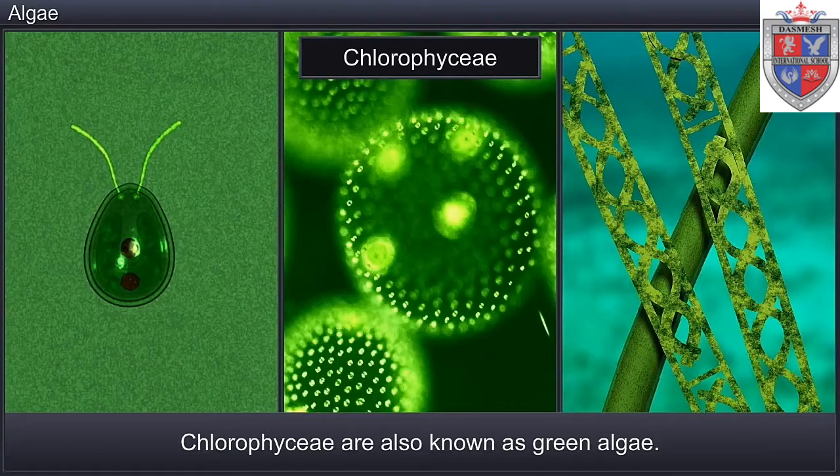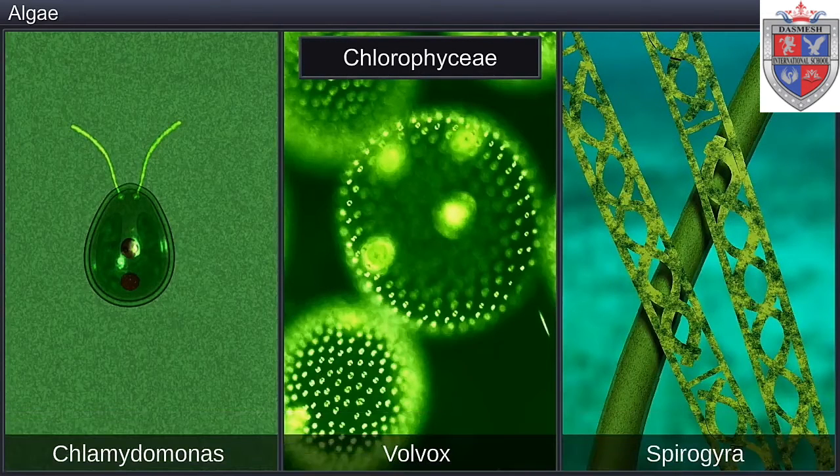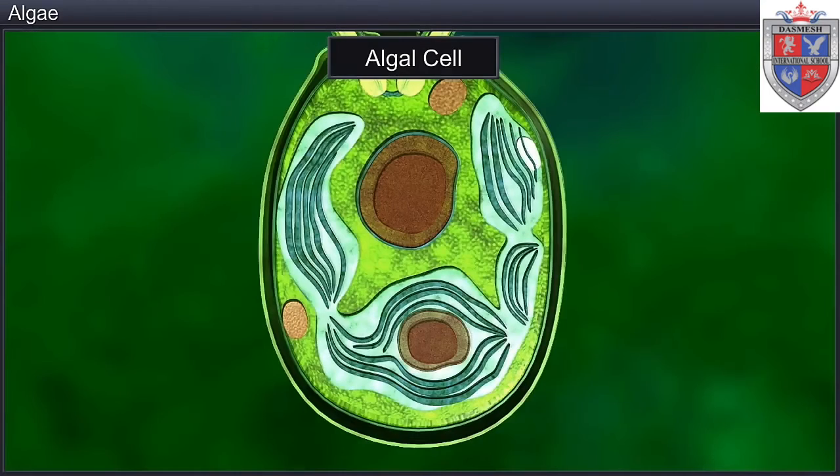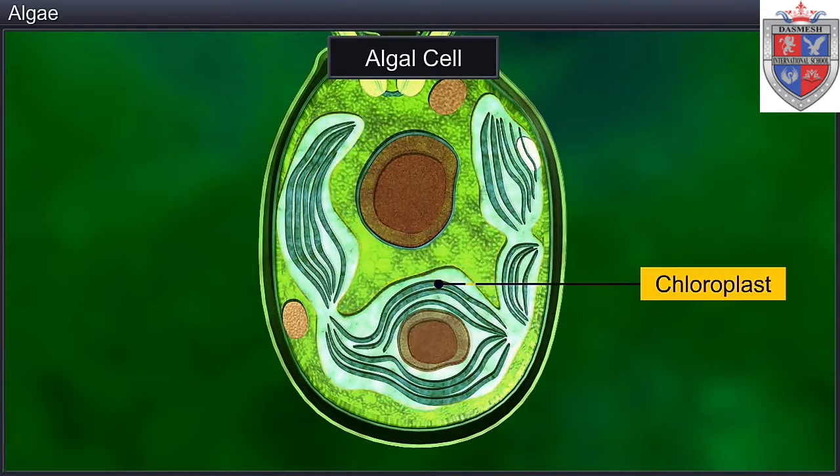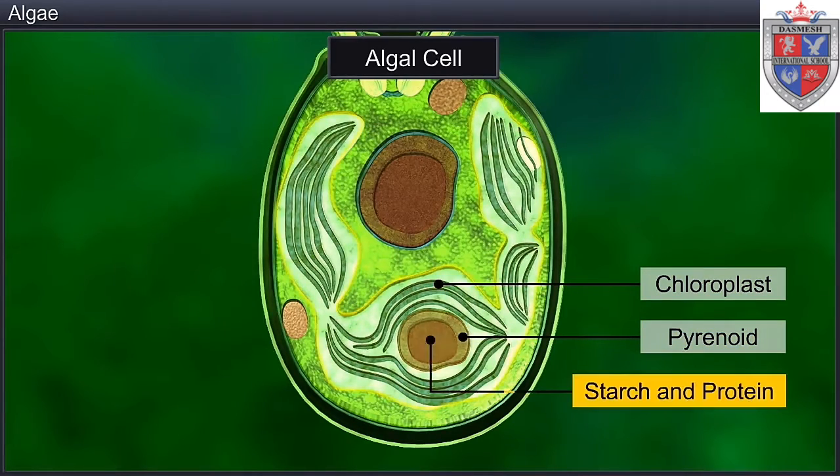They are commonly called green algae and can have a unicellular, colonial or filamentous body. Their cell wall is rigid, as the outer layer is made of pectose and the inner layer of cellulose. The cell has several chloroplasts that contain pyrenoids, structures that have starch and protein.